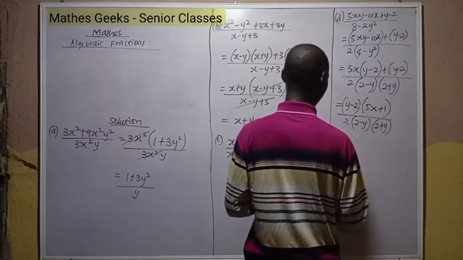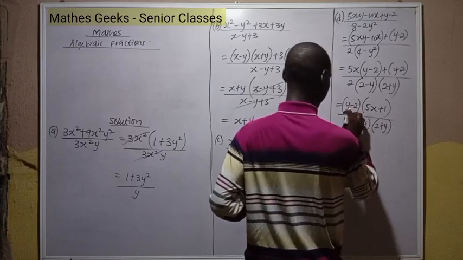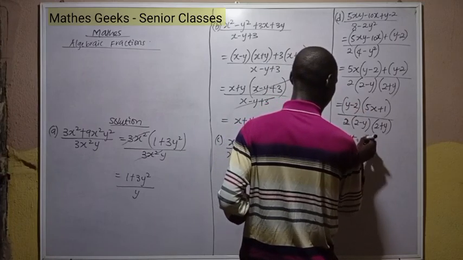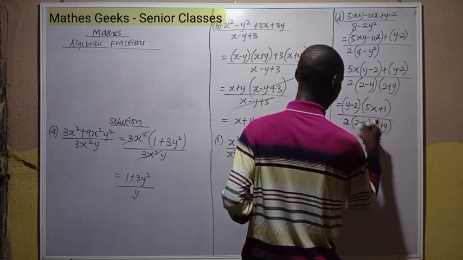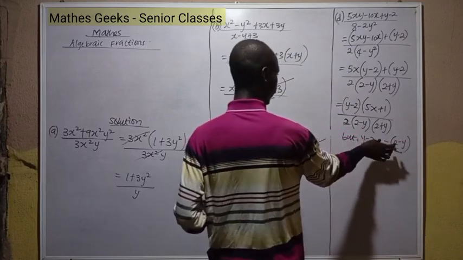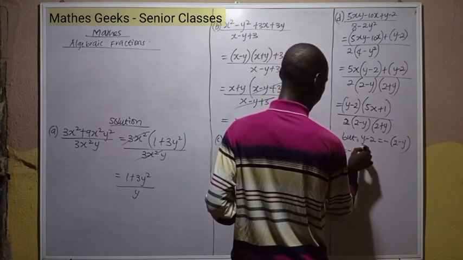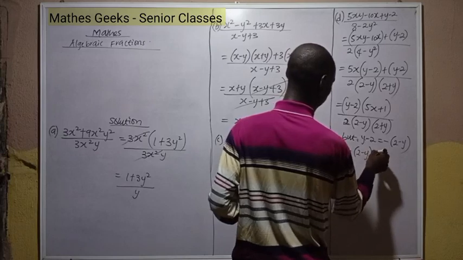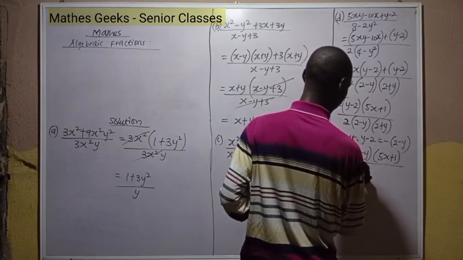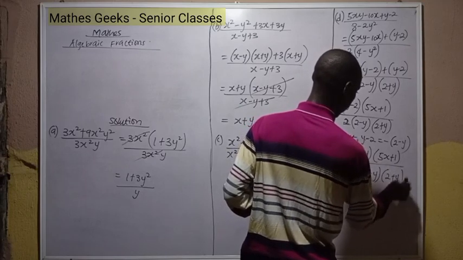So we want to change this one: y minus 2 is equal to minus 2 minus y. We will put this in place of this in this equation. So we're going to have minus 2 minus y and 5x plus 1 over 2 minus y and 2 plus y.